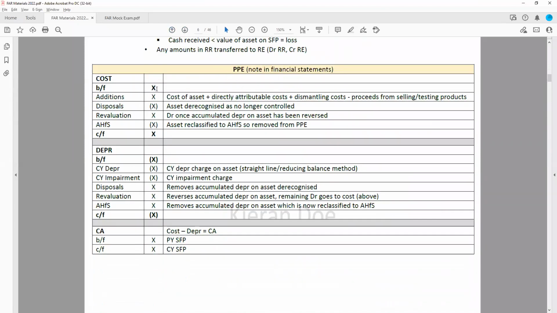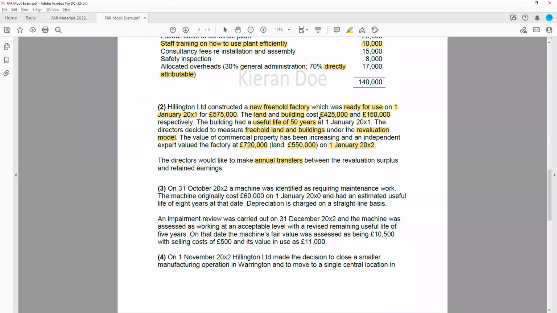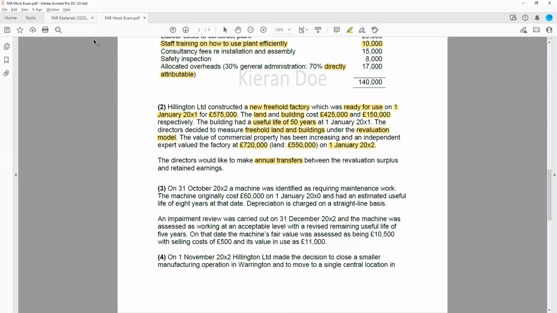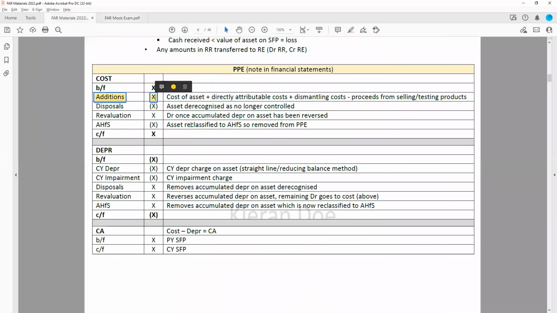So in the first year, if we look at this single asset, you'd have the addition in the year, because that's the year it was acquired. So you'd have the addition for the asset, and we know it was purchased for 575. There'd be the first year's depreciation of 3, and therefore you'd get to your carrying amount carried forward for this asset.